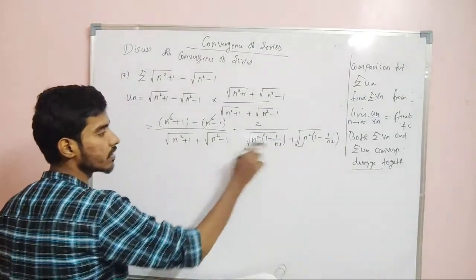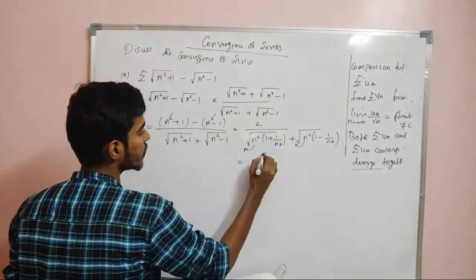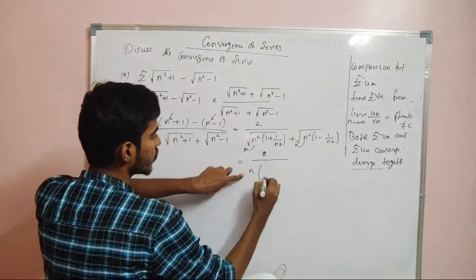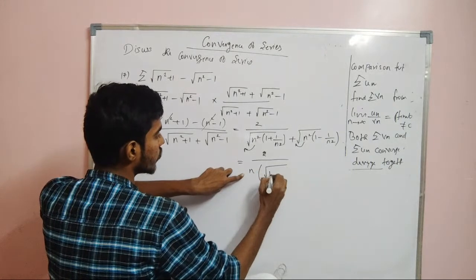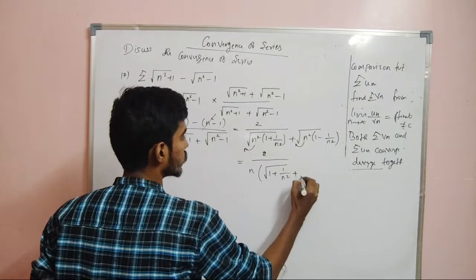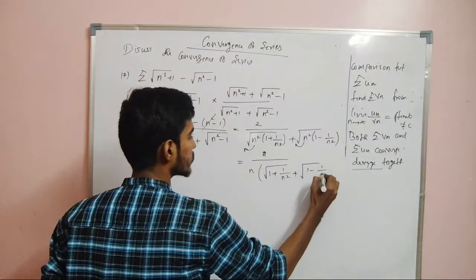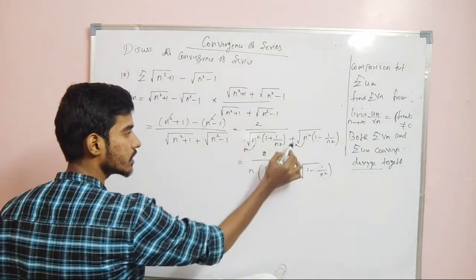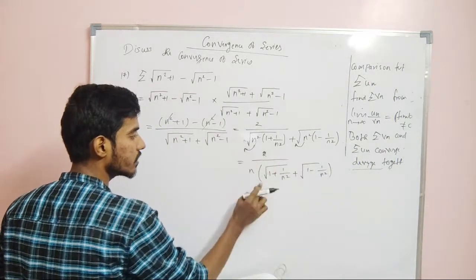This will be n, here it will be n. So we take n common here. So this will be square root of 1 plus 1 by n square plus square root of 1 minus 1 by n square. Now if we take n square outside, it will be n, again it will be n, and if we take n common here, this term will come.